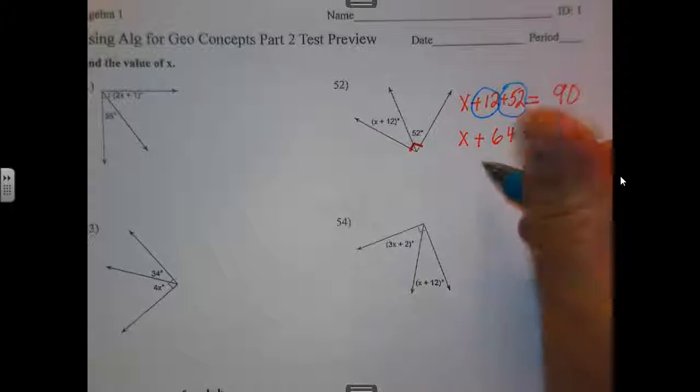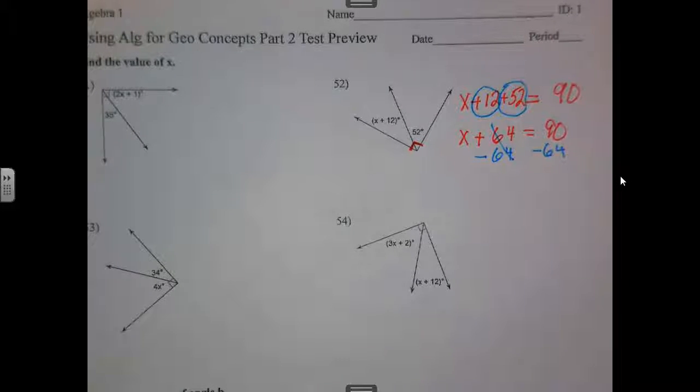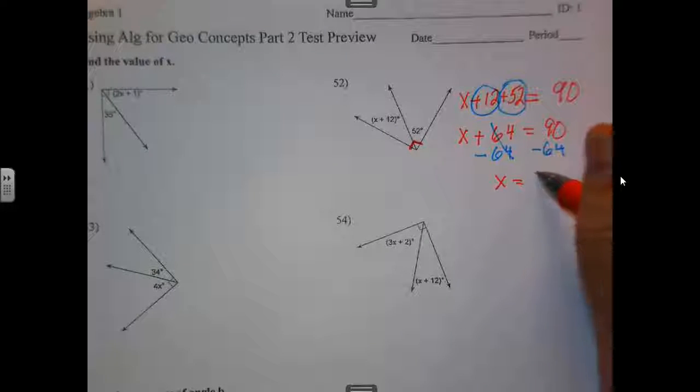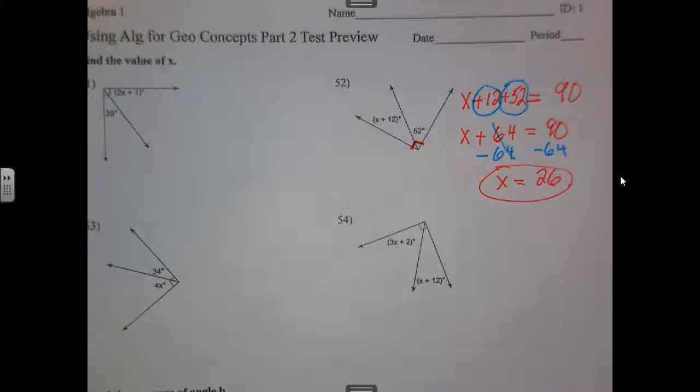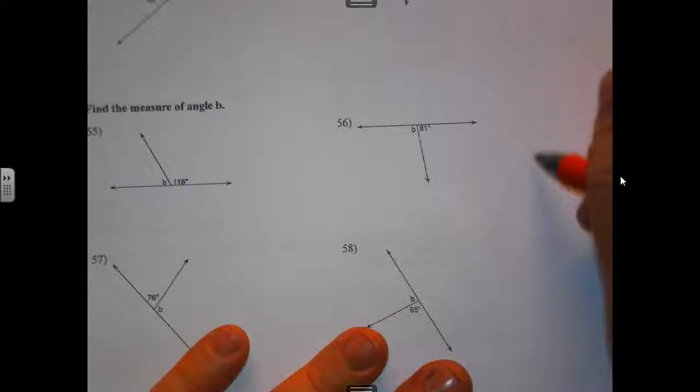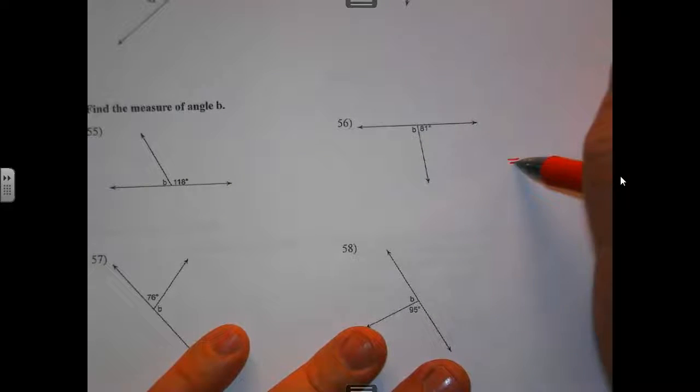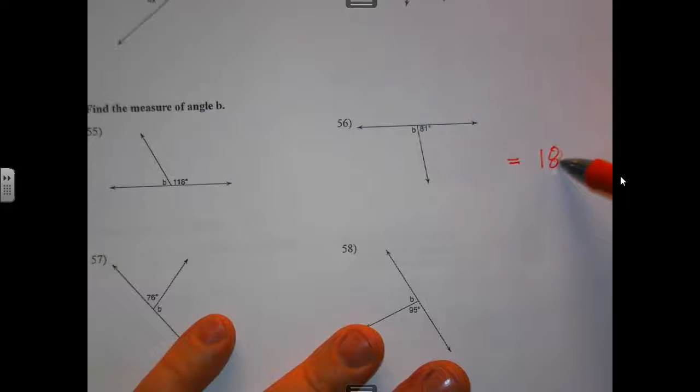So I'm going to subtract 64 from both sides. x equals 26. What about supplementary angles? What do they equal? 180 degrees.